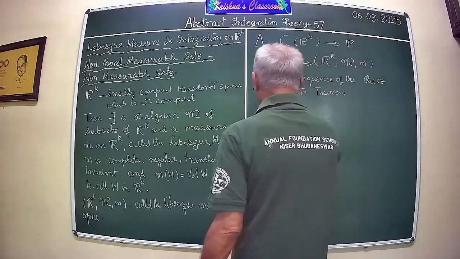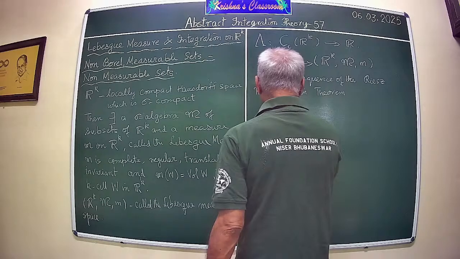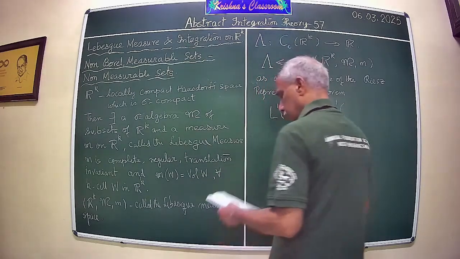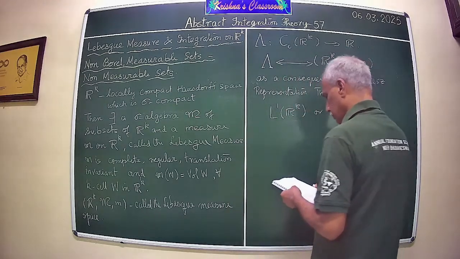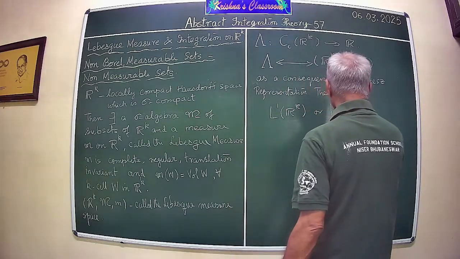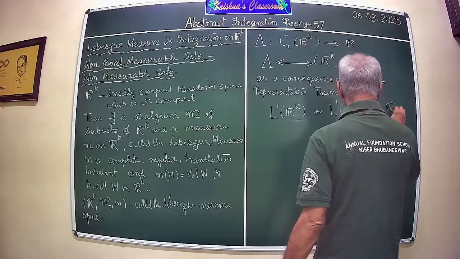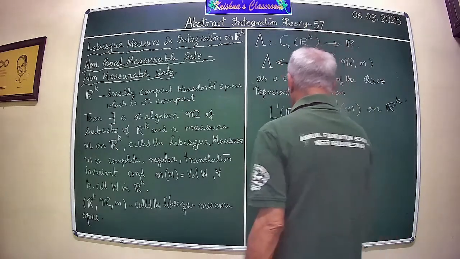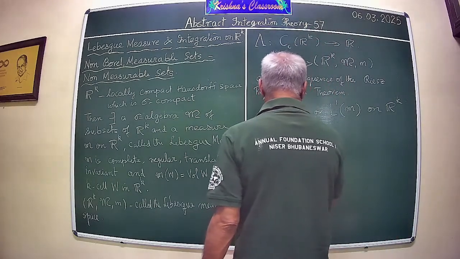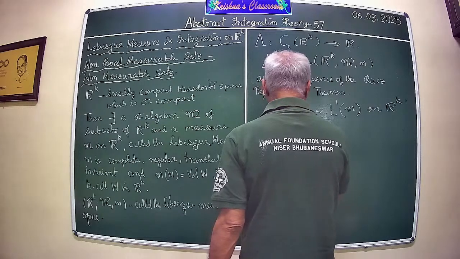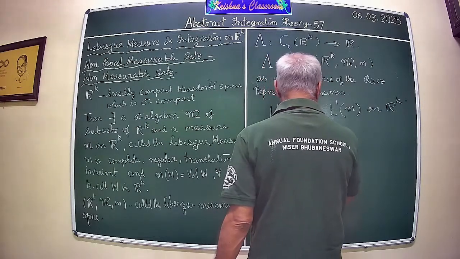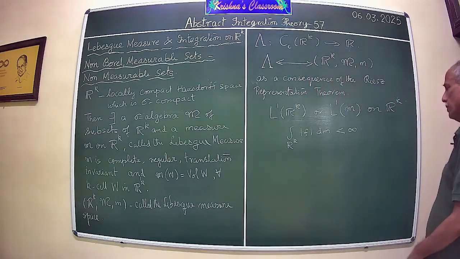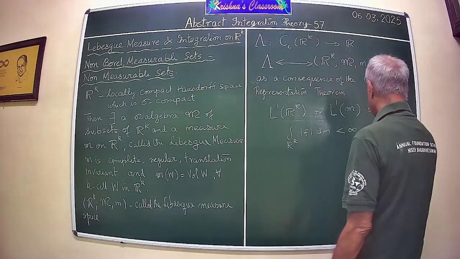Now, we often write L^1(R^k) to represent the functions which have the property that the integral of |f| is finite, where |f| is the modulus of f.